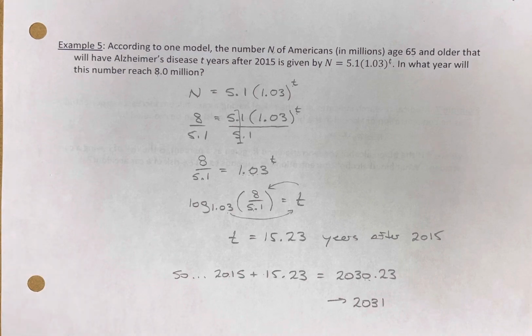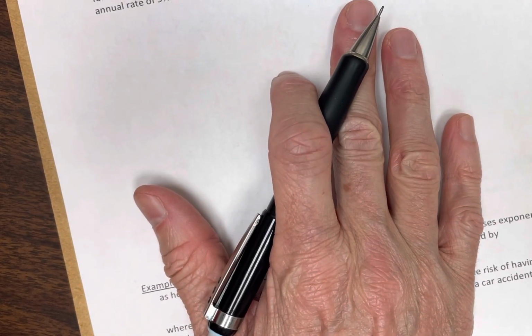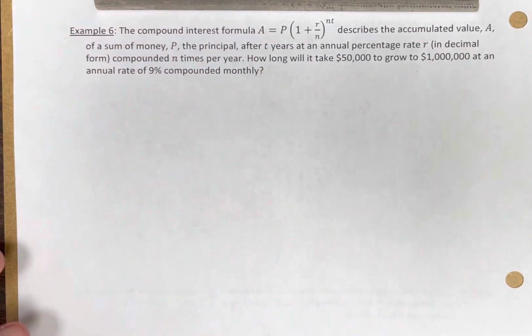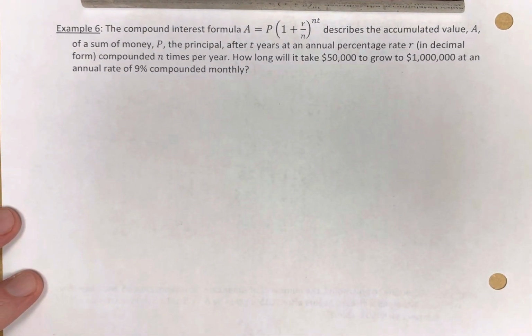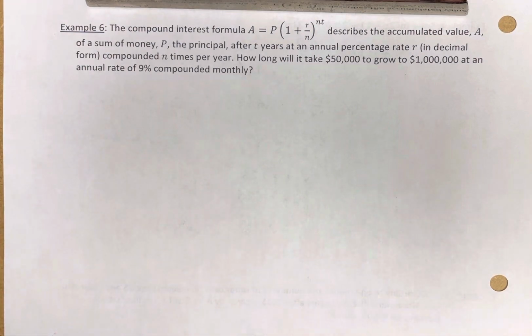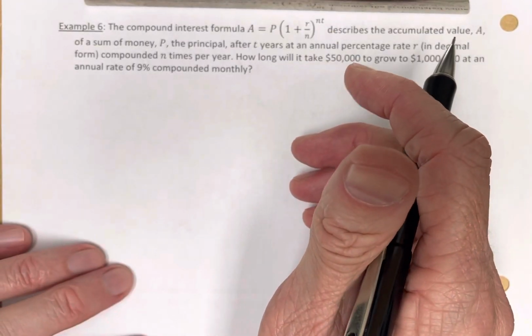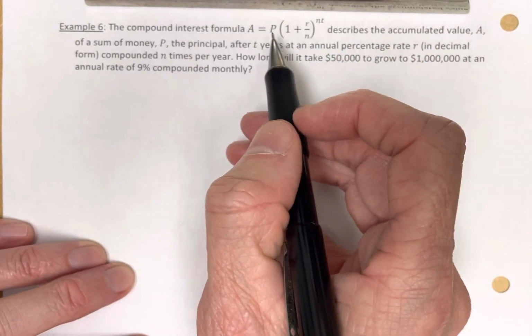Okay, let's do 2 more examples that involve application, and then we'll be all done. Alrighty, example number 6 here. The compound interest formula, we've seen this before.